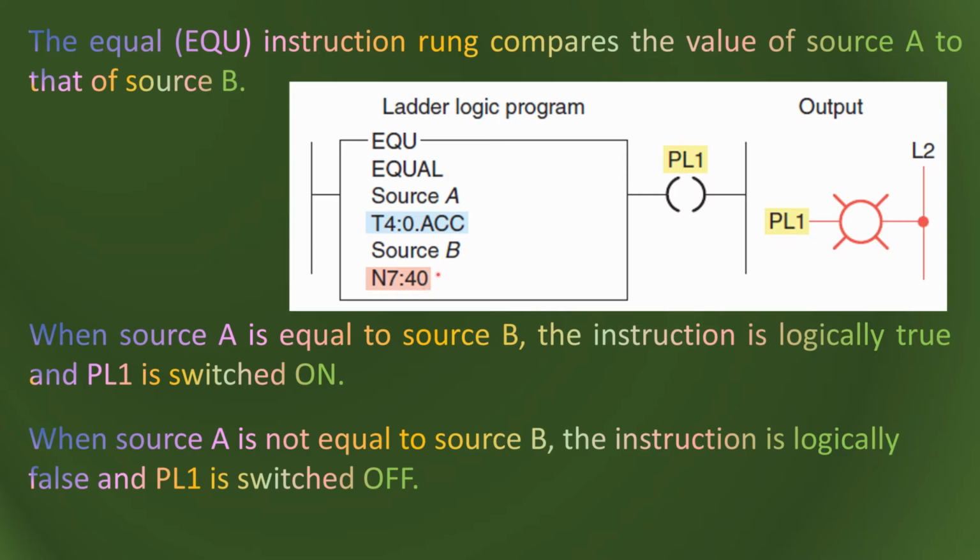If data in A and B are equal, this means the rung is true, so the pilot light will be on. But if the data in source A and source B are not equal, the rung is not true and the pilot light will be off.